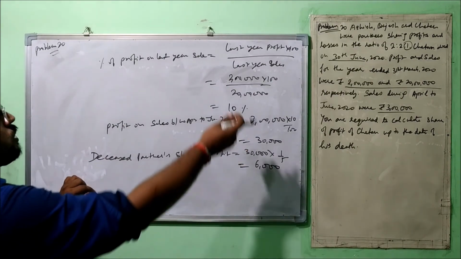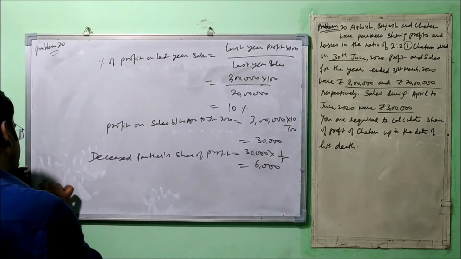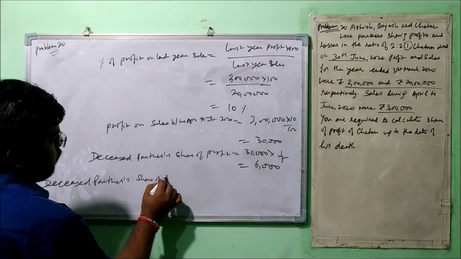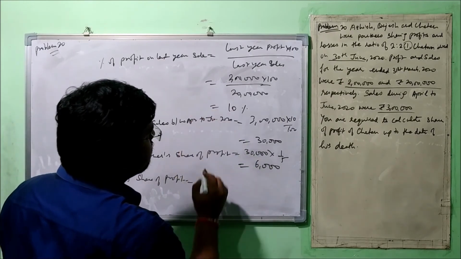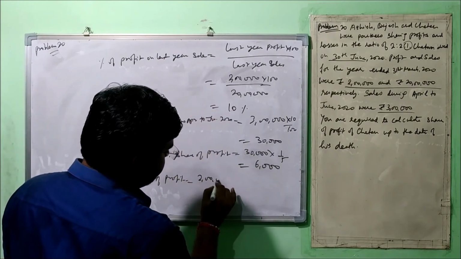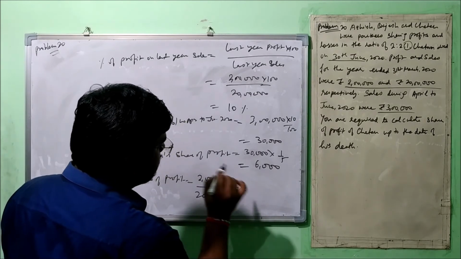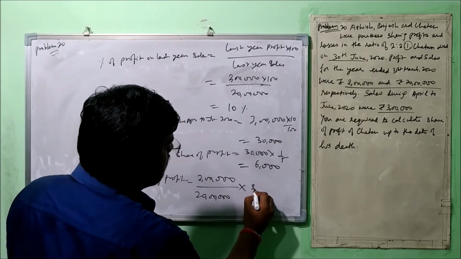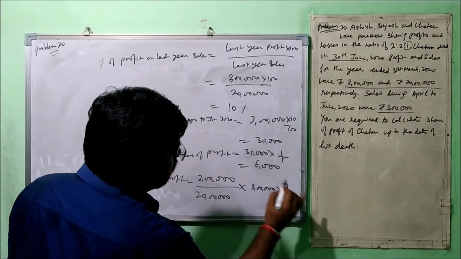Another way: we do not need to do this long calculation. We could apply a single formula here. Deceased partner's share of profit is equal to last year profit 2 lakh, last year sale 20 lakh, multiply sale till the death, it is 3 lakh, multiply share of deceased partner, that is 1 by 5.